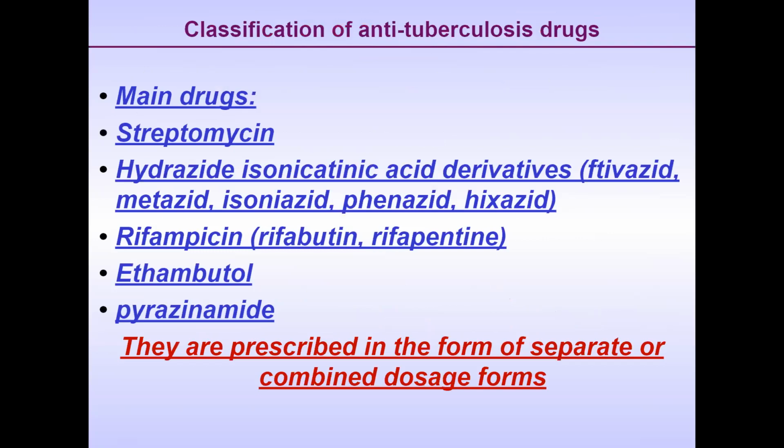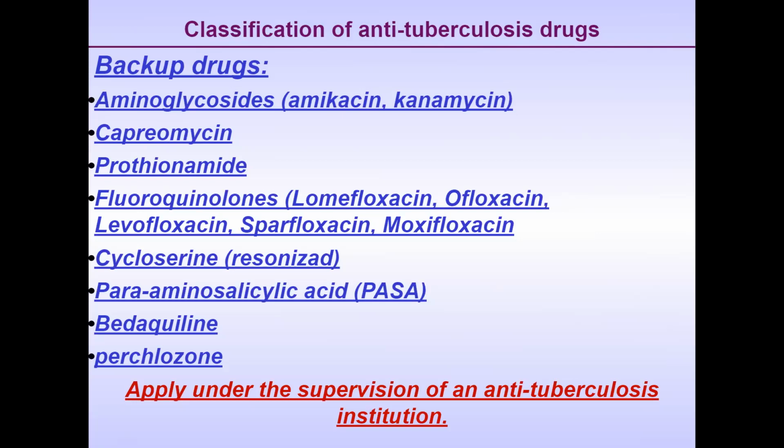Classification of antituberculosis drugs. The main drugs include streptomycin, and you can see others in this picture, and they are prescribed in the form of separated or combined dosage forms. Backup drugs, which you can see in this picture too, are applied under the supervision of an antituberculosis institution.